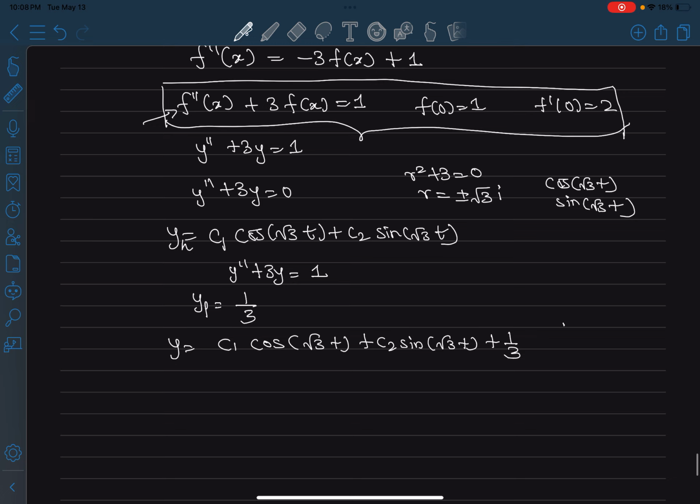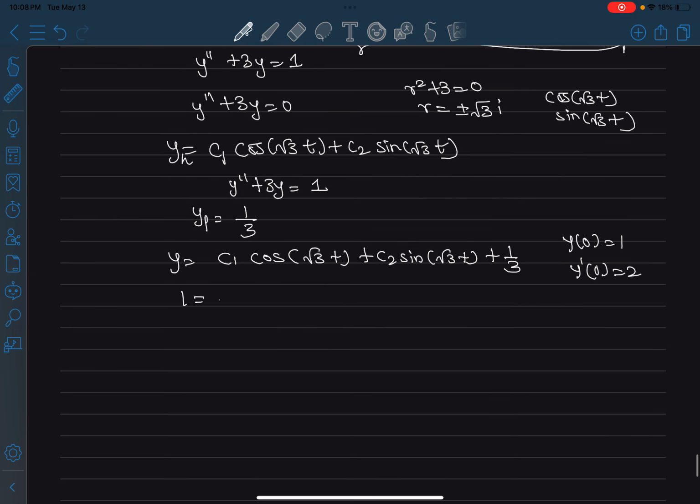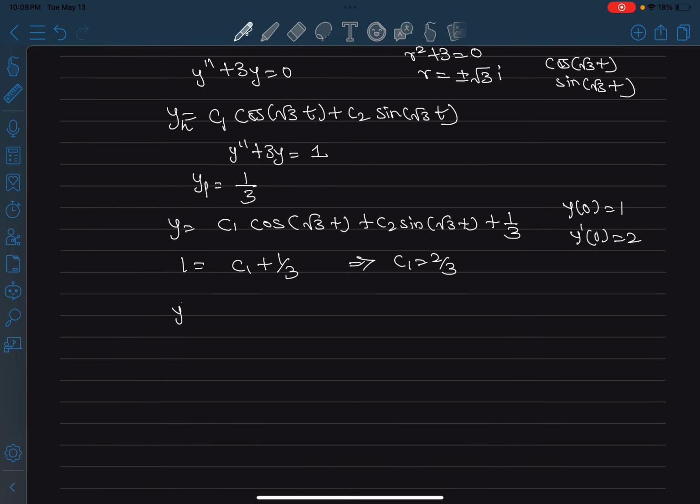But we also have the conditions, right? If I use the first condition, I will have 1 is equal to c1 plus 1/3. That means c1 will be 2/3, right? For the second condition, y prime is equal to negative root 3 c1 sine root 3t plus root 3 c2 cos root 3t, right?